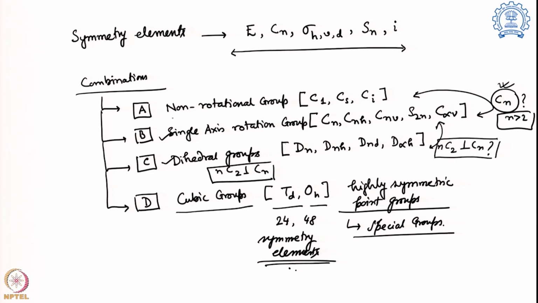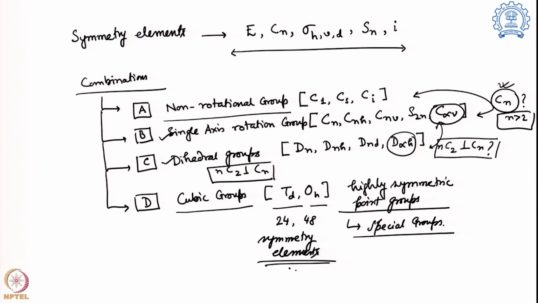Cubic groups and non-rotational groups are quite easy to figure out, because either there are not too many symmetry elements present, or there are too many symmetry elements present which are quite symmetric. And over there I also want to take your attention to the C infinite V or D infinite H group, which says that they are linear molecules. So, that can also be figured out very easily.